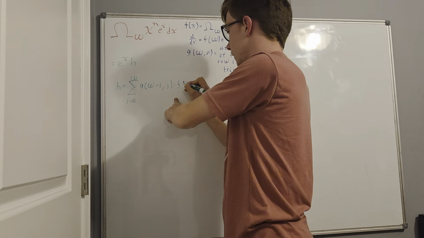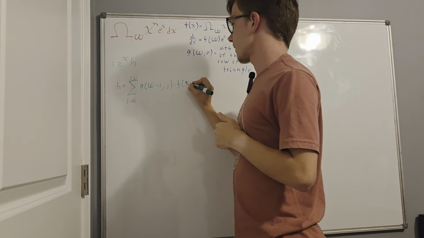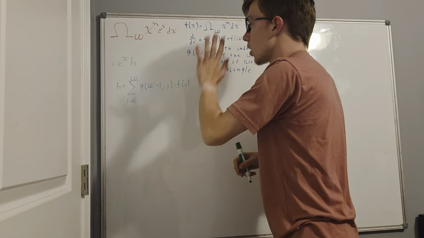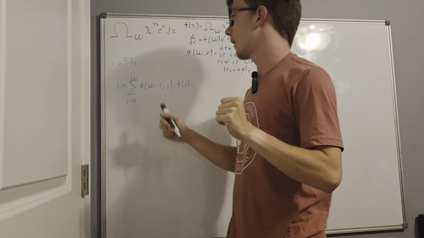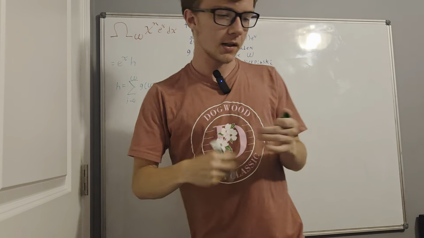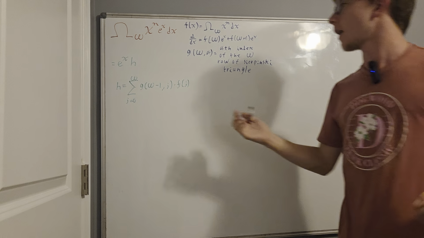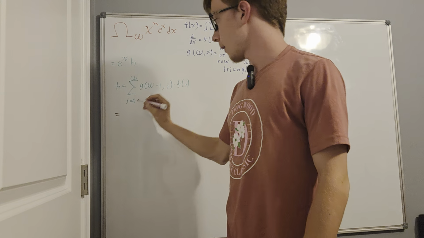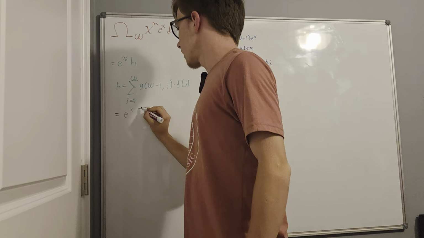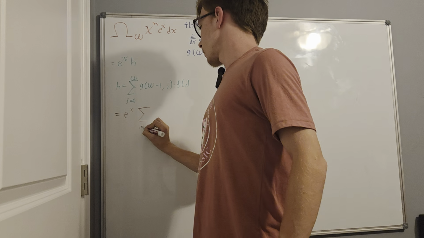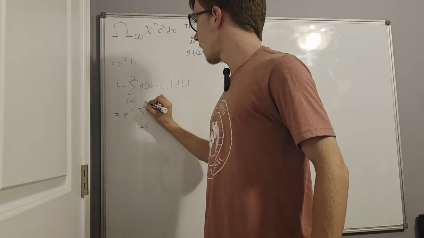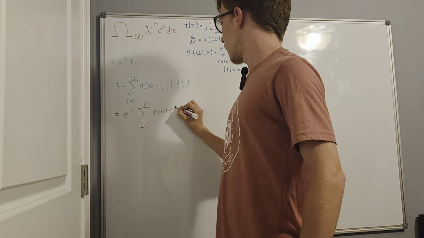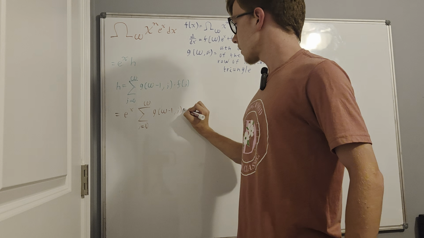I'm going to multiply that by whatever f of x is at j, because that's going to be whatever step this is. So I can put this all together into this whole problem being equal to, hypothetically, again, I'm not 100% sure, but this is what I have so far: e to the x times a sum from j equals 0 to omega of g of omega minus 1, comma j, times f of j.